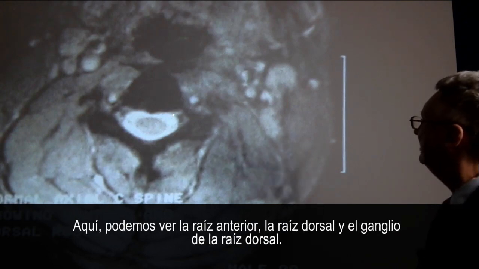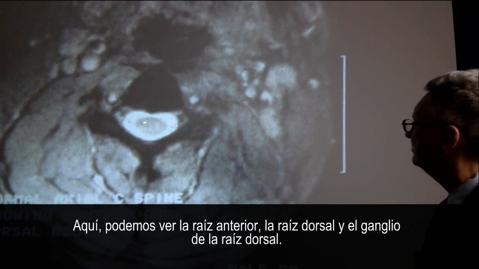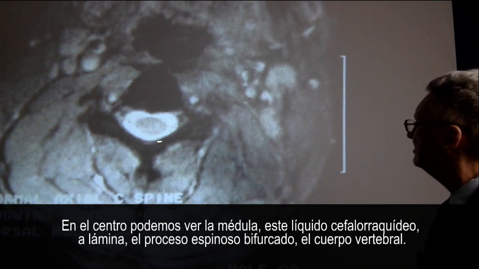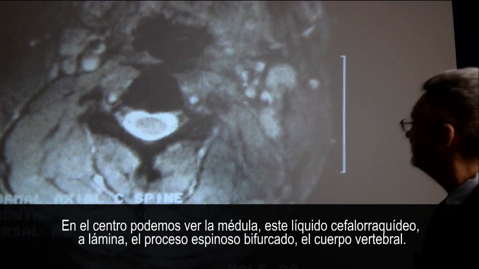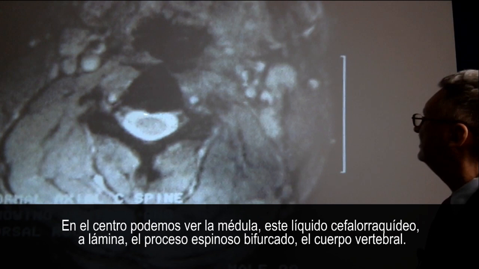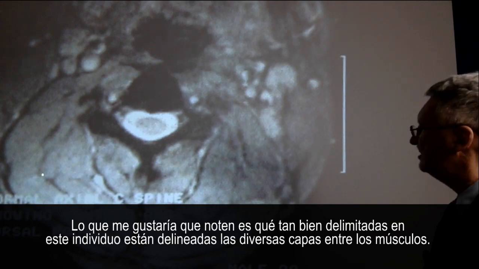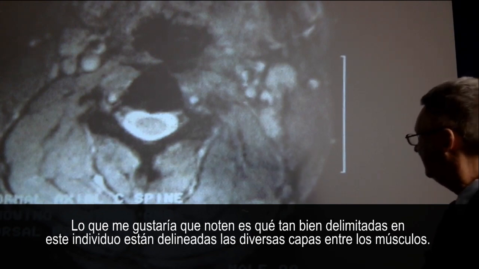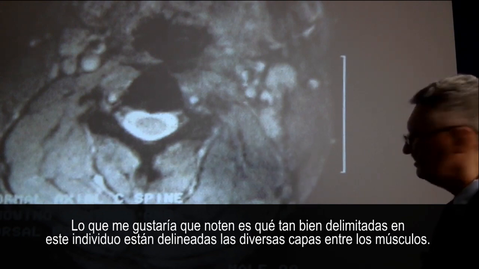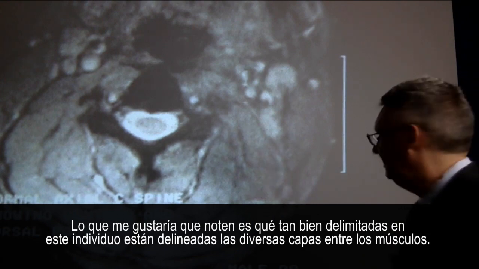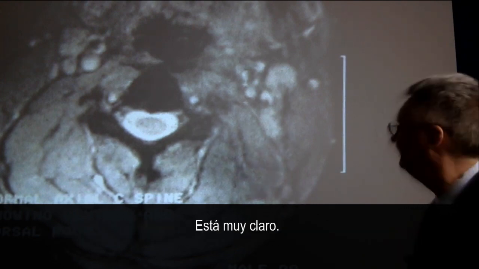We can see the anterior root, the dorsal root ganglion. Centrally, we can see the cord, the cerebrospinal fluid, the lamina, the bifurcated spinous process, the vertebral body. But what I'd like you to notice is how well demarcated in this individual the various layers between the muscles are delineated. It's very clear.